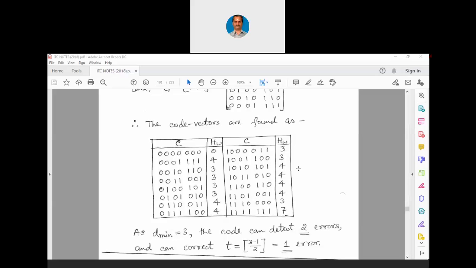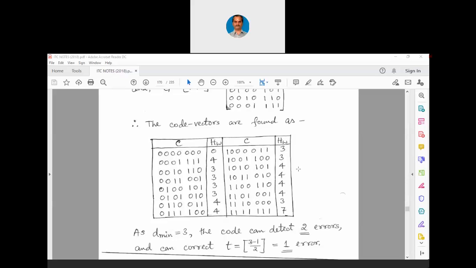That means as we are using a parity matrix of 3 bits and as our data bits are 4, now in the H transpose, you will not get all the syndromes that can be obtained at the receiver. You understand the point? The data is 4 bits, whereas the parity has only 3 bits.